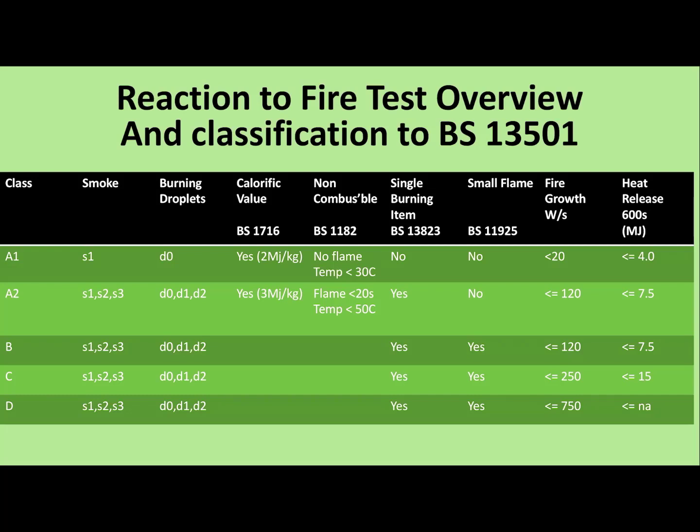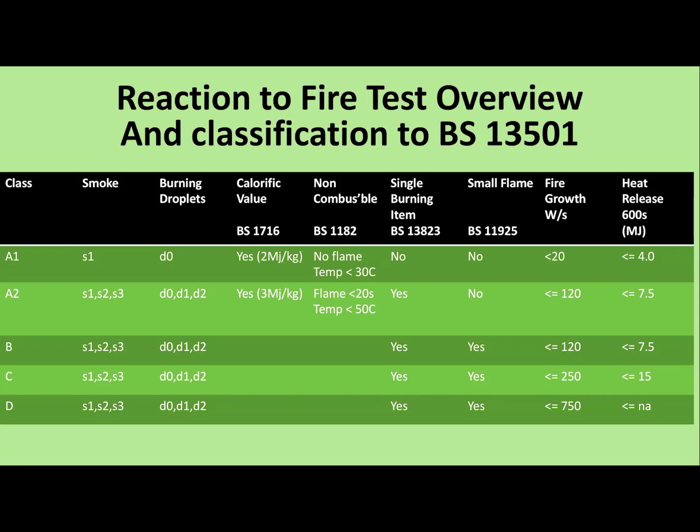If you notice, for A2 and B, both the heat produced and the fire growth are identical. The only thing that sets those two apart is that the A2 must do the non-combustibility and the calorific value test. But to get through the SBI test, they're looking at exactly the same values.